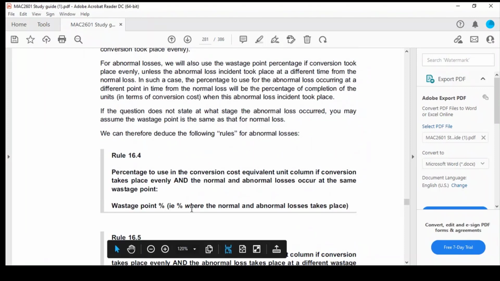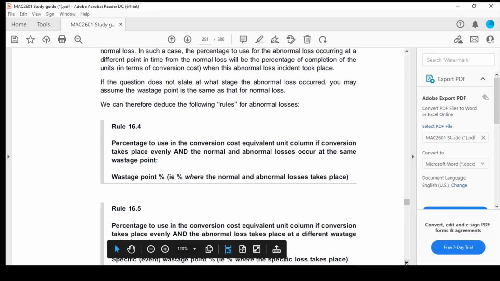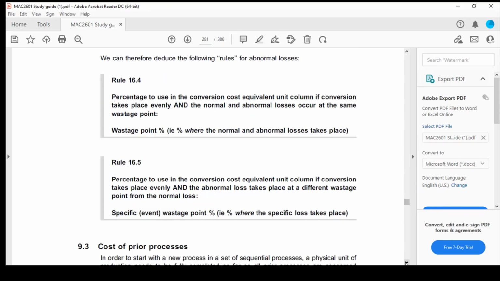We'll do an example of what I'm talking about here. The rule is as follows. Rule number one, the wastage point is where the normal loss and abnormal loss take place. If your abnormal loss and your normal loss take place at different places, you need to see where it is in terms of percentage of completion, because there are still those rules.